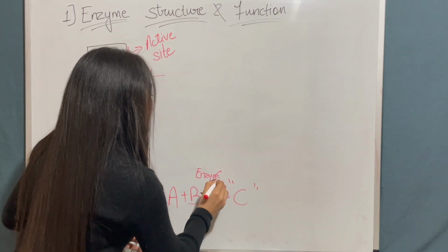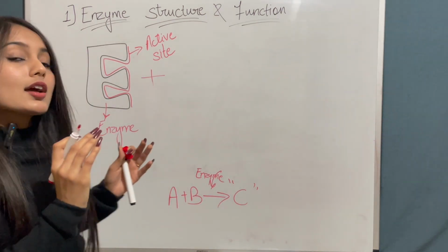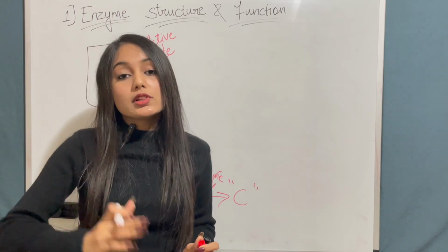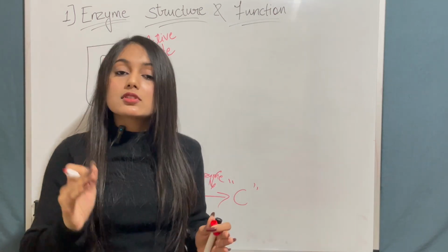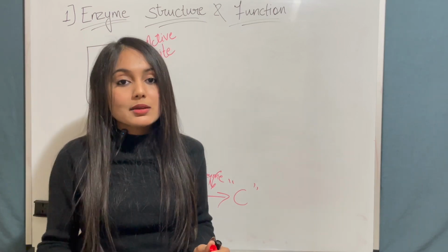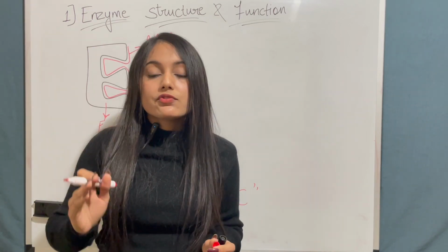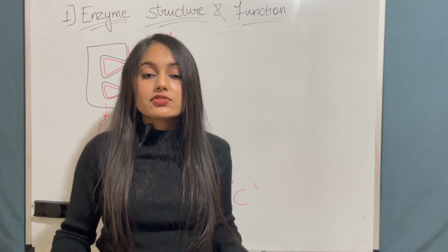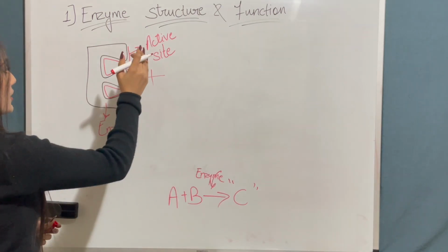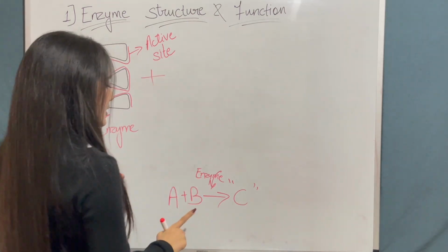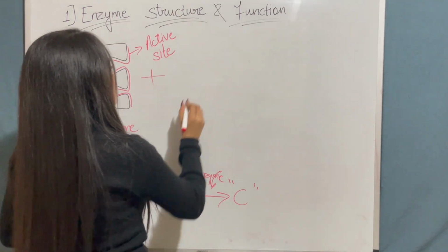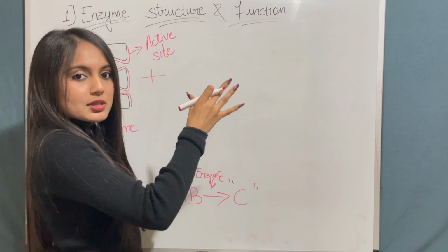But it does not mean that the reaction will not go on if there is no enzyme. The reaction will still go on if there is no enzyme present, but the time taken will be 100 times longer, so it will be extremely slow. Alright, so we have an enzyme with an active site. Now we need a substrate. What should be the shape of the substrate?